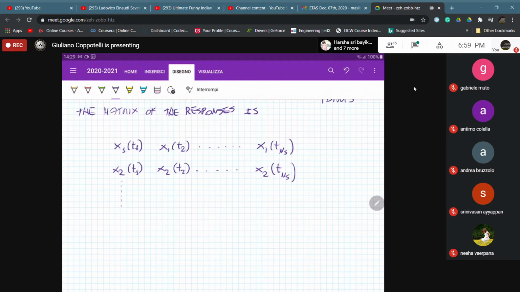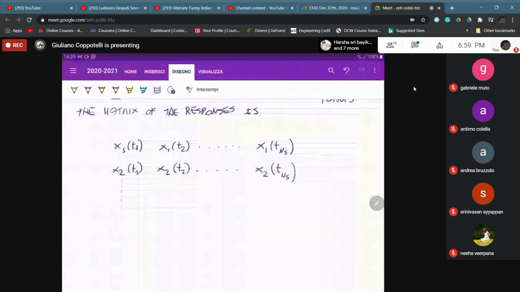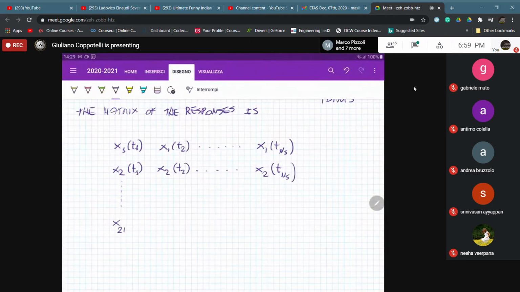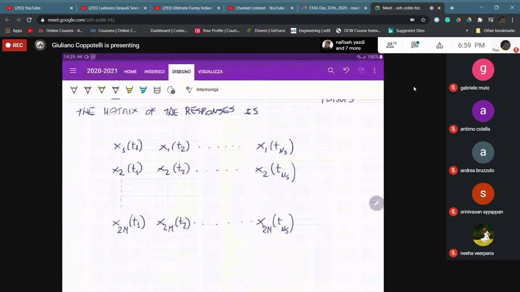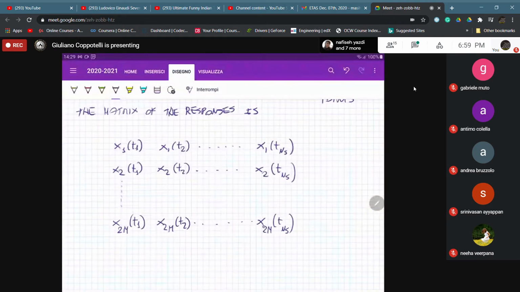If we are having, let's say, general x2 m points, t1, x2, and t2, up to t and s. We call this matrix of the responses the chi matrix. Let me recast all of these responses as the elements of a matrix.